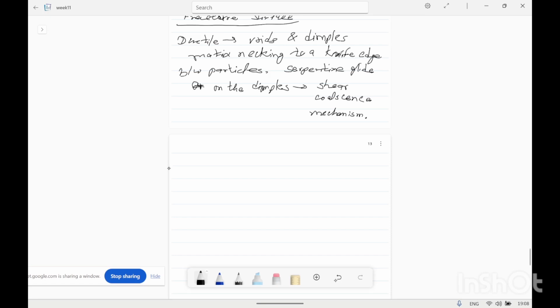And if the matrix is a brittle matrix, there will be a more complicated fracture surface.